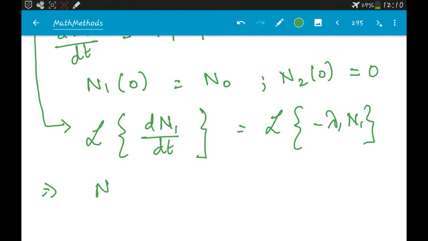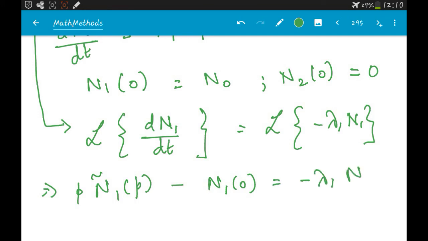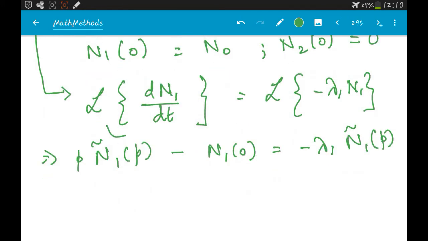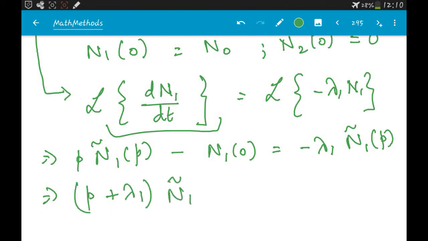You get p n1 of p minus n1 of 0 is equal to minus lambda 1 n1 of p. Here I am using the differentiation formula of the Laplace transform. So you will have p plus lambda 1 n1 of p is equal to n1 of 0.